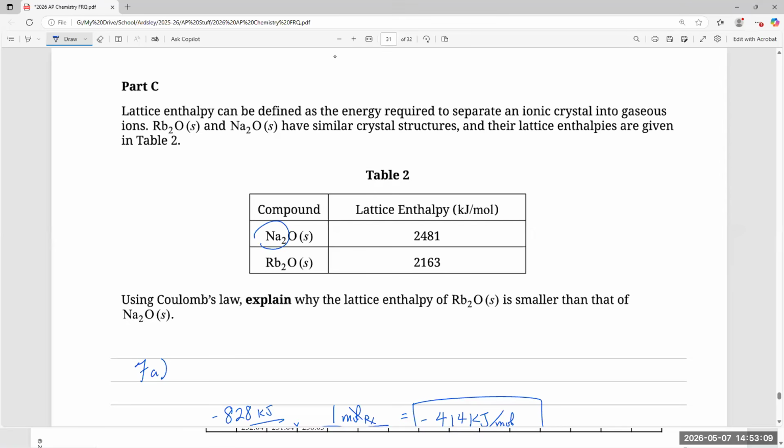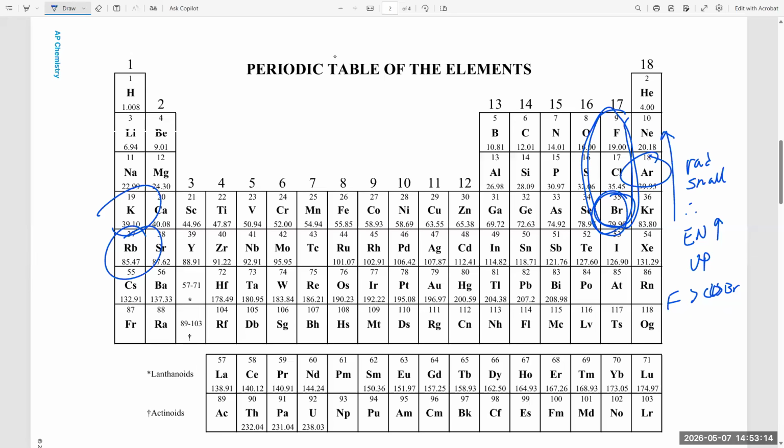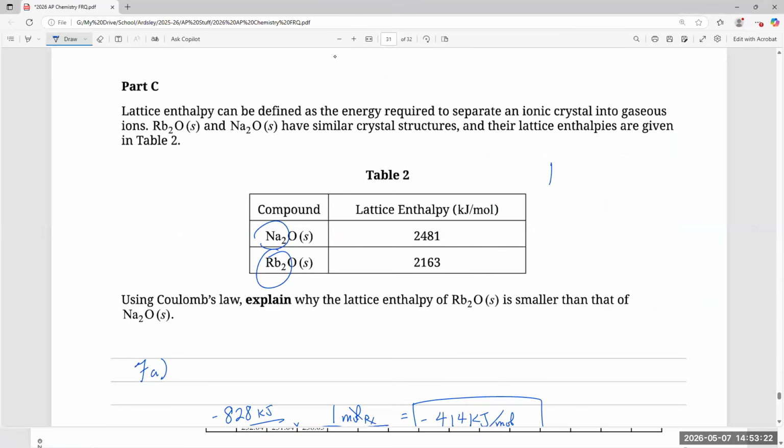So what's the difference between these two? Rubidium is here, sodium is here. What do we know? Rubidium is larger, right? So we know that the radius of rubidium is larger than the radius of Na, right? So, hey, that's Coulomb's law, right? F is Q1 Q2 over R squared, right?